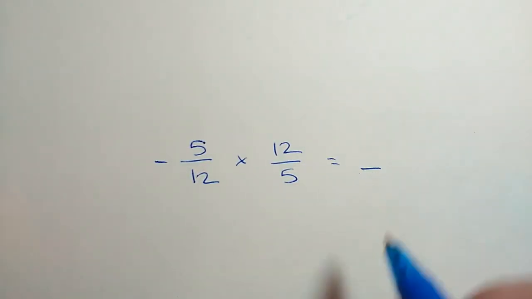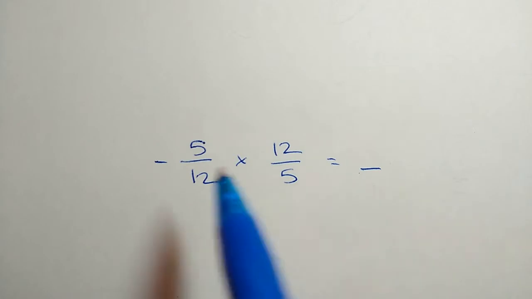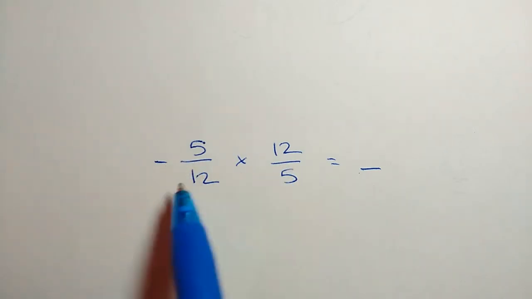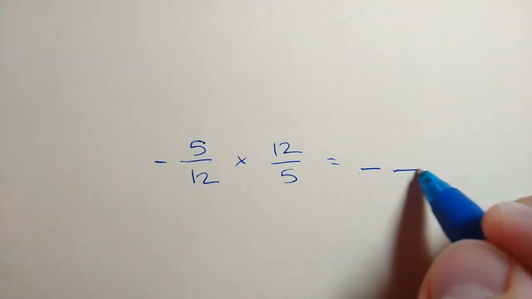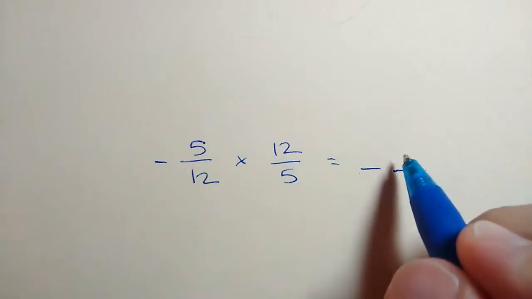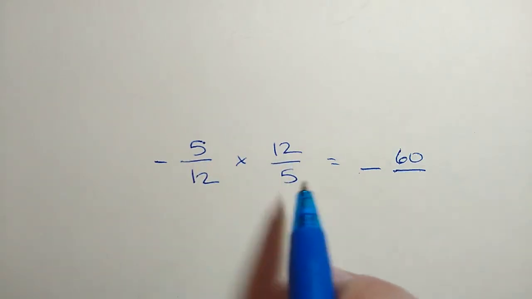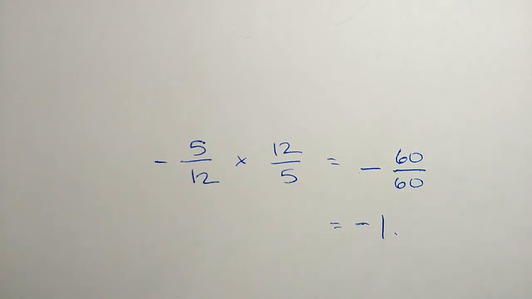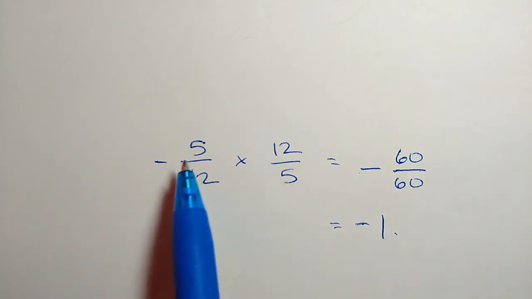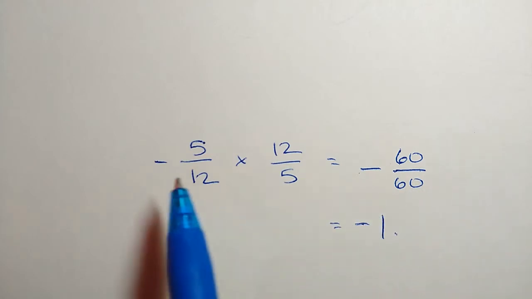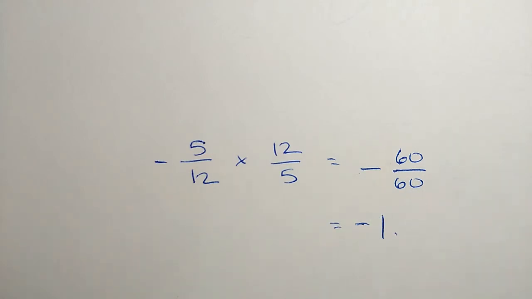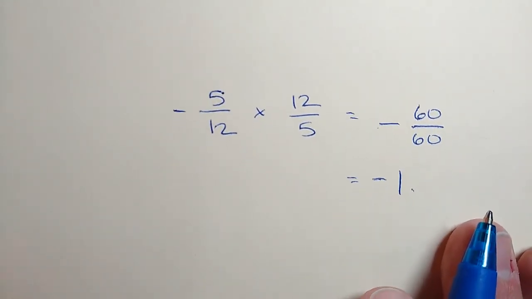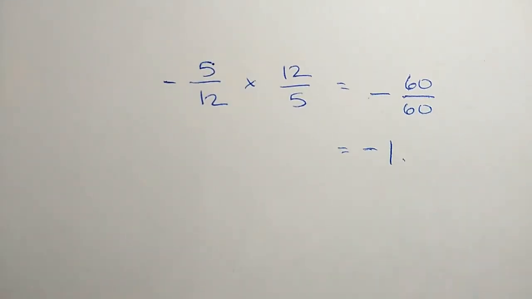This is going to be a negative result because one is positive and one is negative. And then the fraction that we get is 5 times 12 on the top, 60, 12 times 5 on the bottom, also 60, which is equal to negative 1. This will be true with any pair of reciprocals. If you multiply them together, you get 1, and if they have different sign, you'll get negative 1. So that's our rule. We use that to determine slopes of perpendicular lines.